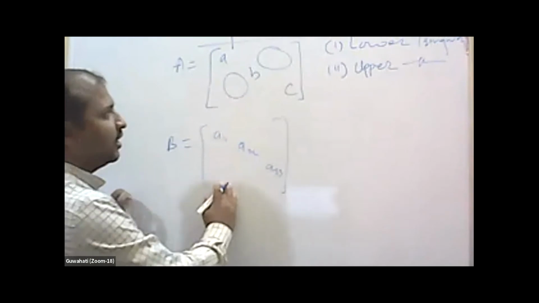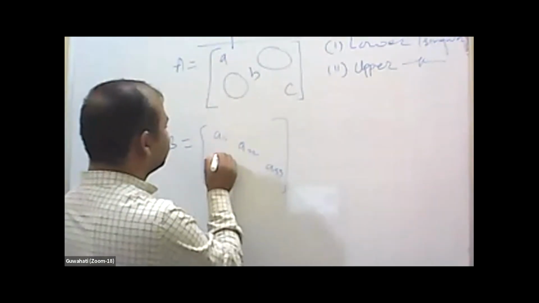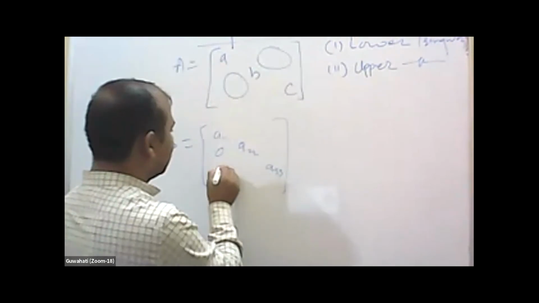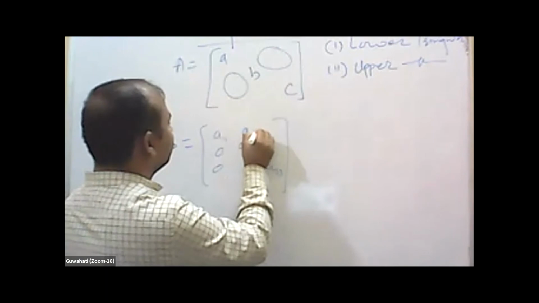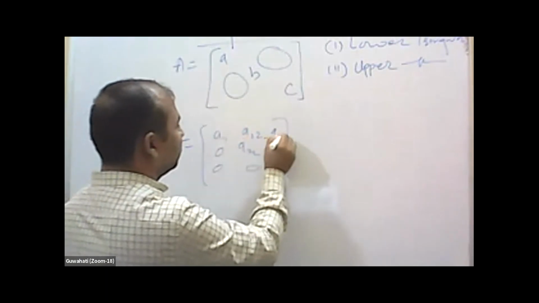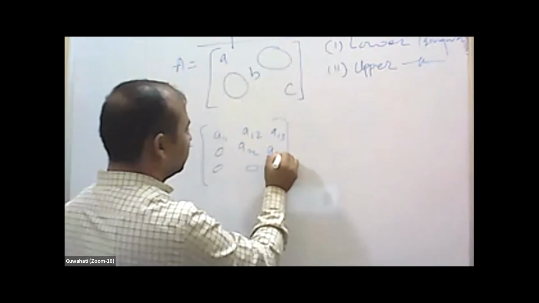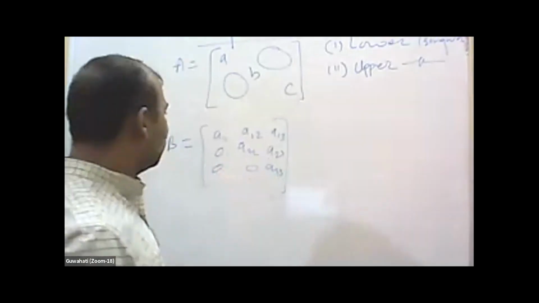If you want lower triangular, all these elements should be 0. Here there are A12, A13, and here A23. So all elements on one side of the diagonal are 0, and it is called a lower triangular.